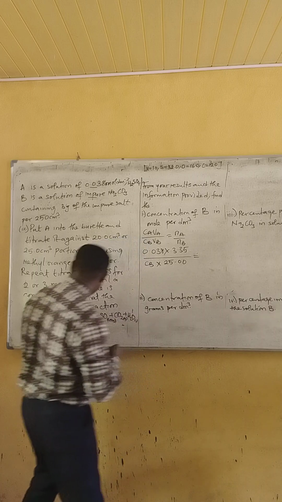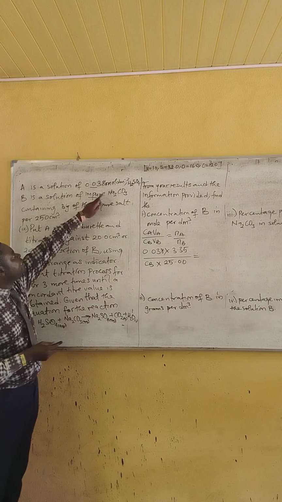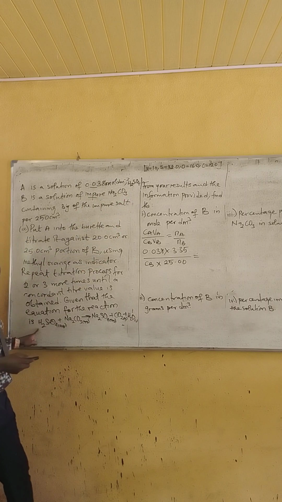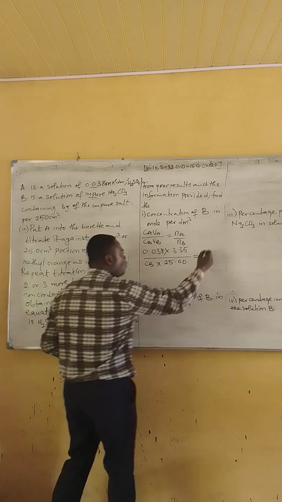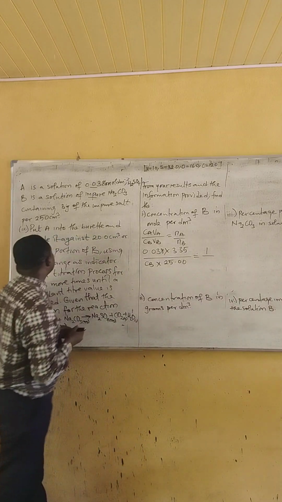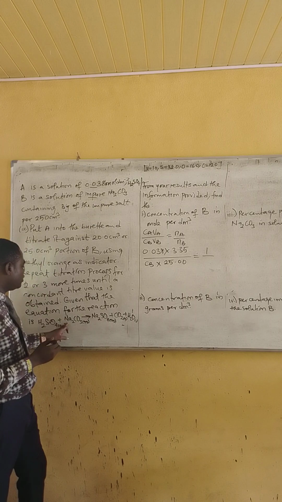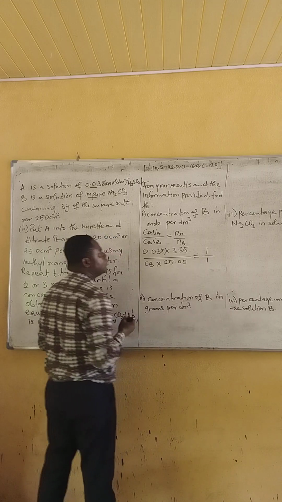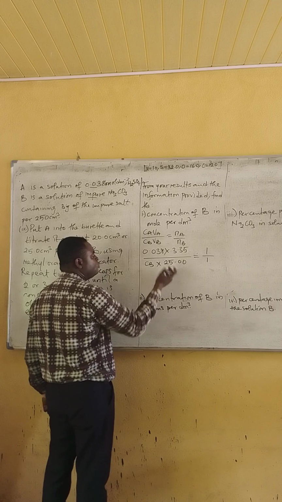Go to the equation, you can get that. The question says A is a solution of 0.038 mole per dm³ H2SO4. So in the equation, A is H2SO4. So what did they use to balance A? Nothing. It means there's an invisible 1. So our NA is 1. Then the question says B is a solution of impure Na2CO3. So here, Na2CO3 is balanced by 1 also, and our NB is also 1. So we are done. So what we do now is to cross multiply and divide both sides by 25.